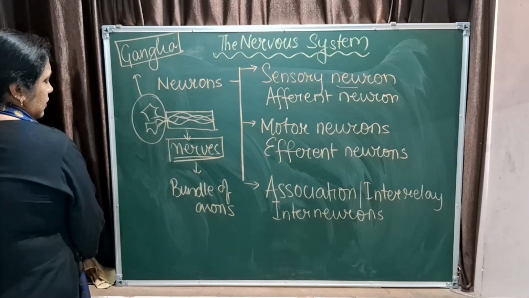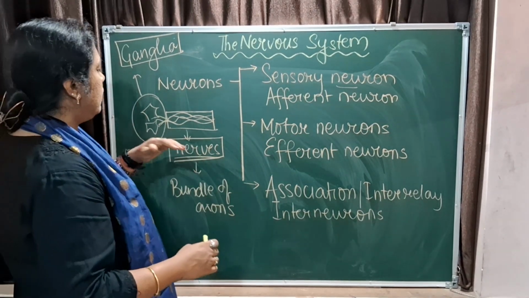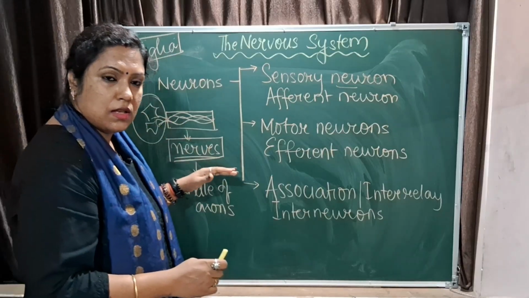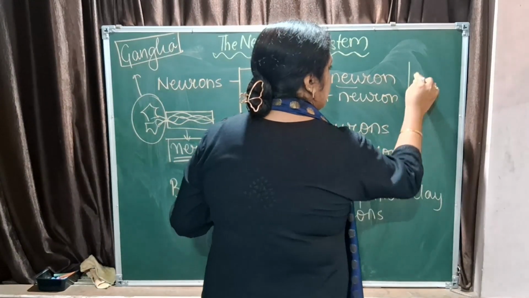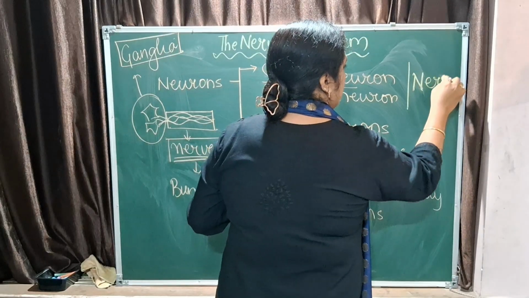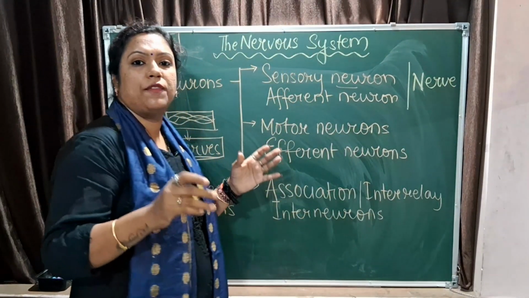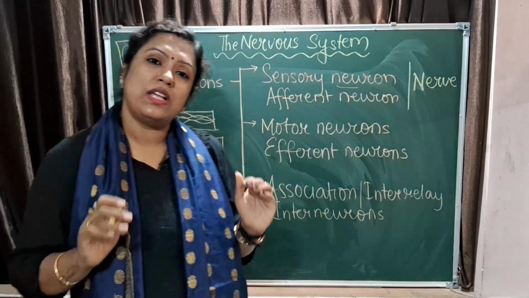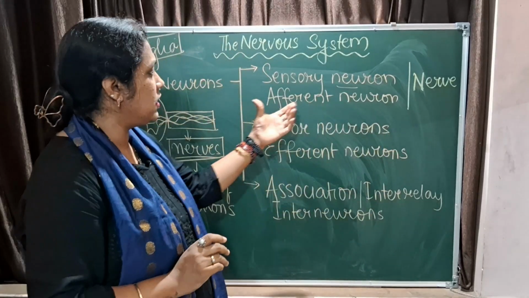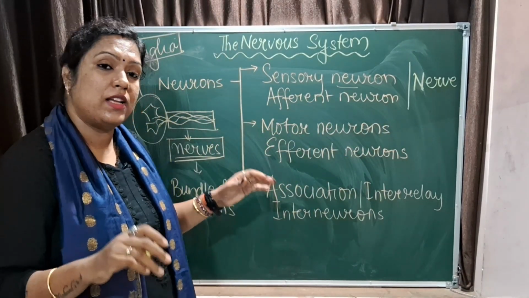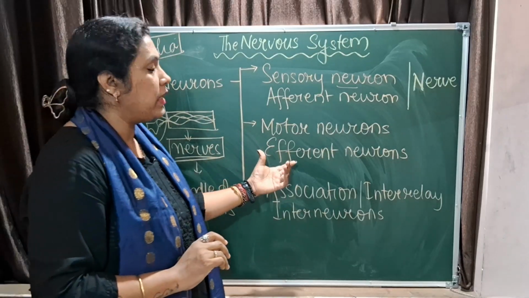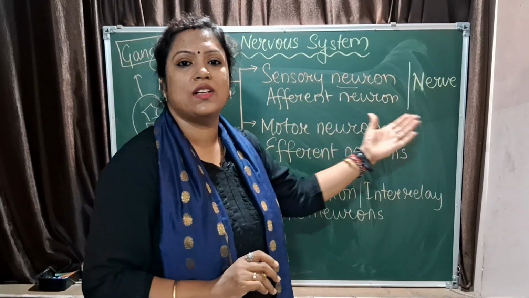Is that clear? So now you tell me, the bundle of axons is called a nerve. So what will be a sensory nerve? The bundle of axons that contains only sensory neurons is called a sensory nerve. The bundle of axons which carries only motor neurons is called a motor nerve.